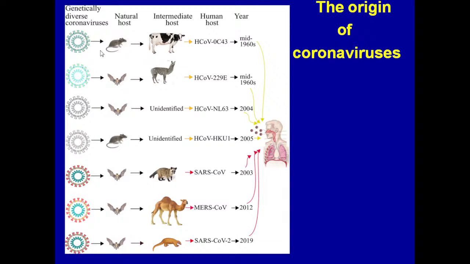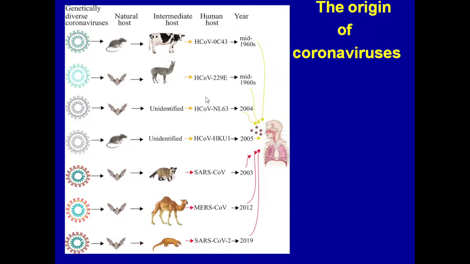But then the natural virus from those host bats or rats is supposed to adapt, or undergo adaptation, in some intermediate hosts. And it is discovered that for the first human coronavirus that appeared in the mid 1960s, two intermediate hosts were found: the cows for one of them, and llama, or how do we call it, for another one.